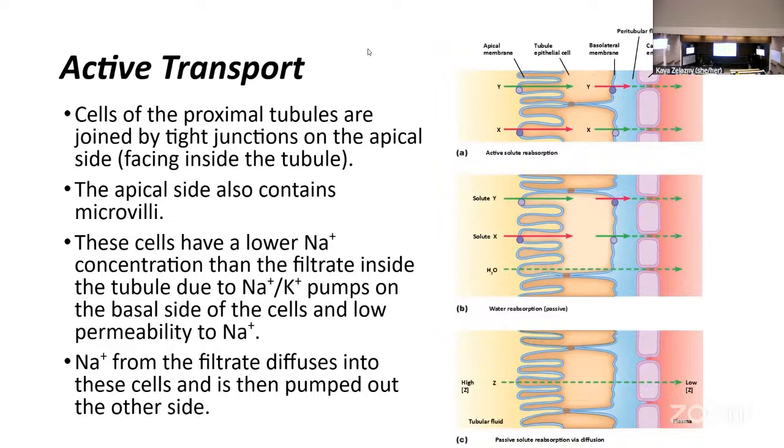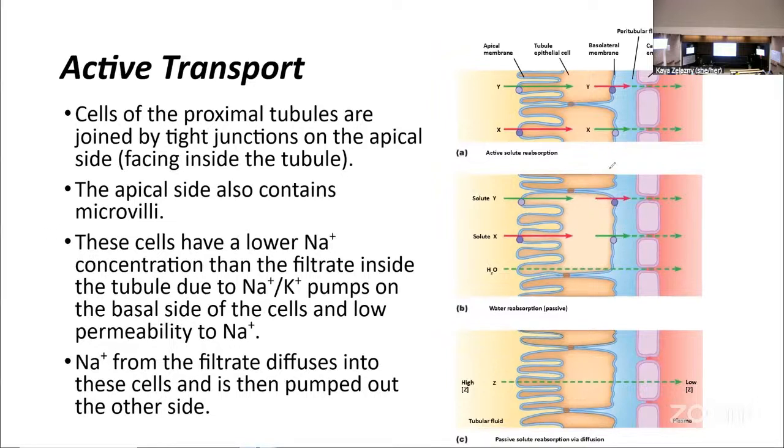And this is just this same picture that we keep seeing here, right? So we see that basolateral membrane side. I'm not really sure why your book likes to use X and Y instead of just telling you exactly what we're talking about, but we've got our apical membrane facing our tubular fluid, basolateral membrane facing the blood. Here we have tight junctions, okay, kind of facing the inside of the tubule, and we know that we have all these microvilli.